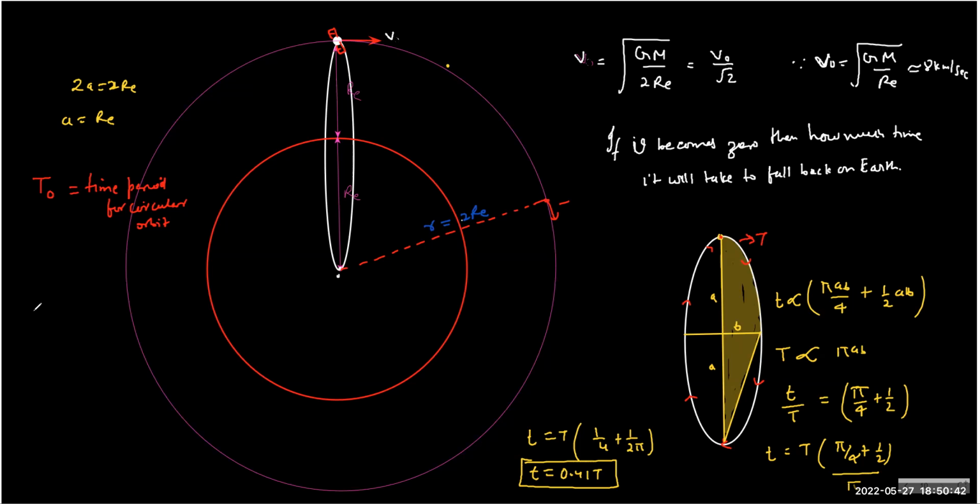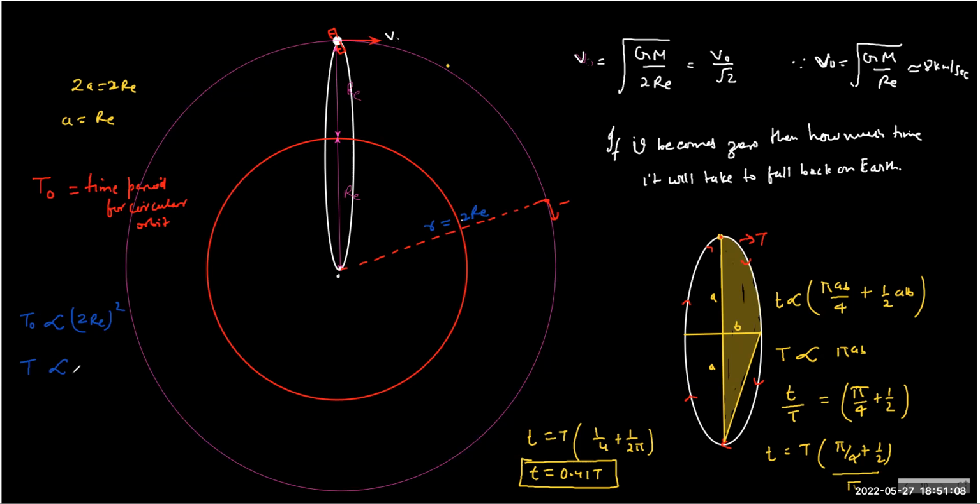So what we can write is that the time period of the orbit is proportional to (2RE) whole cube. And T is proportional to what? RE square, or like RE cube.